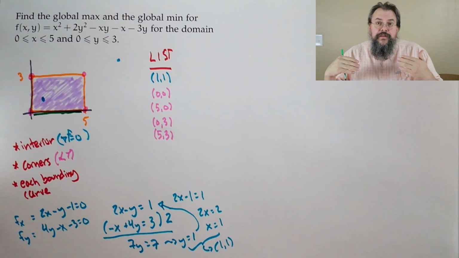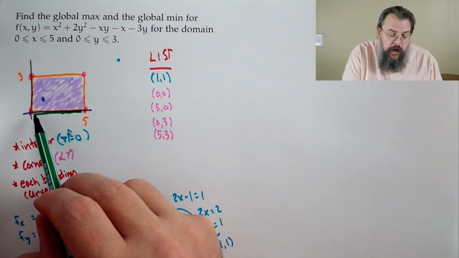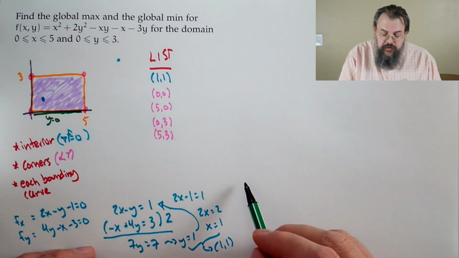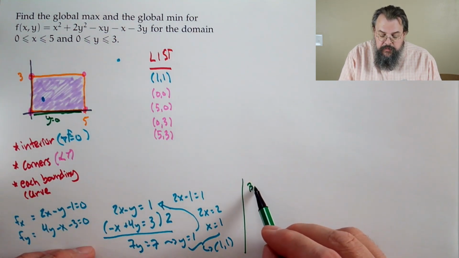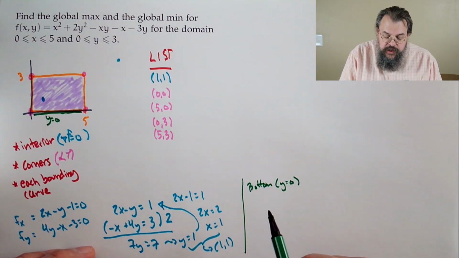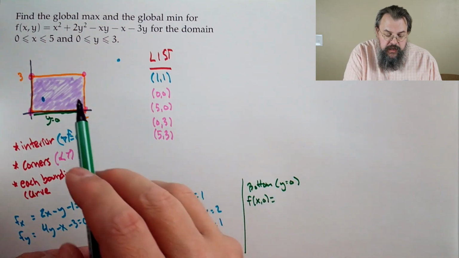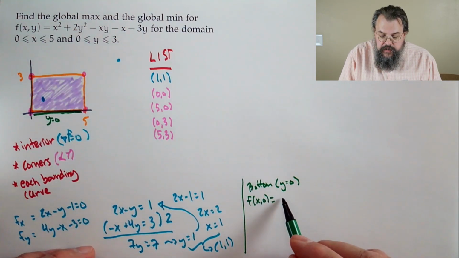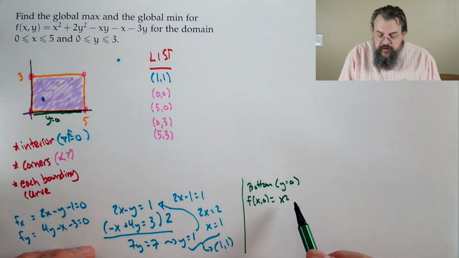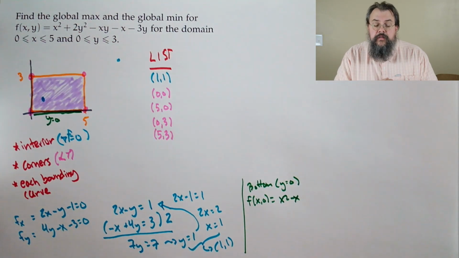So we think about, well, what describes the bottom edge? On the bottom edge, that would be where y equals 0. So we can say, for the bottom, which is y equals 0, our function becomes f(x, 0), which would be x squared minus x, right?